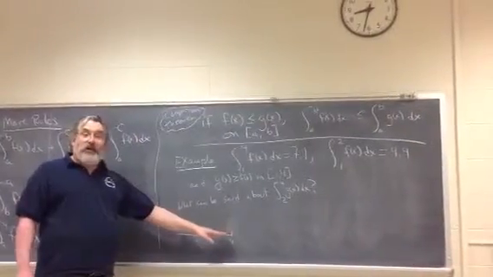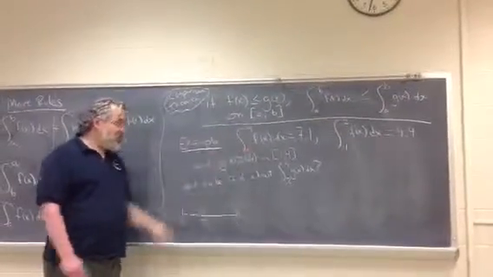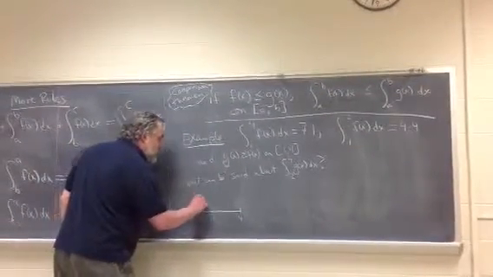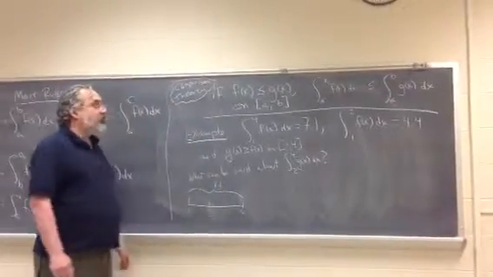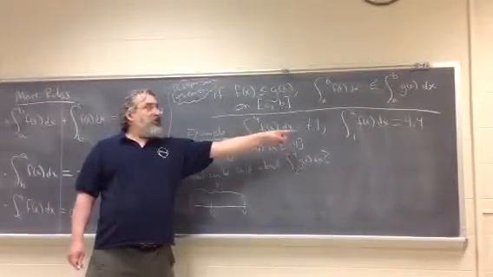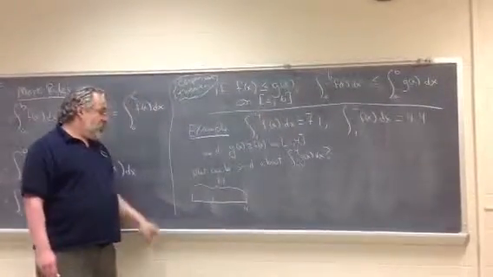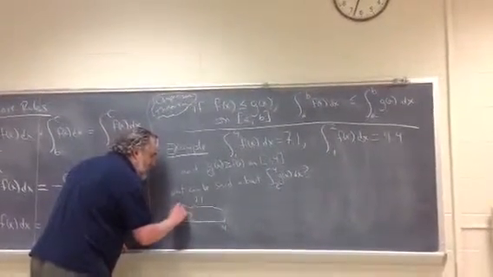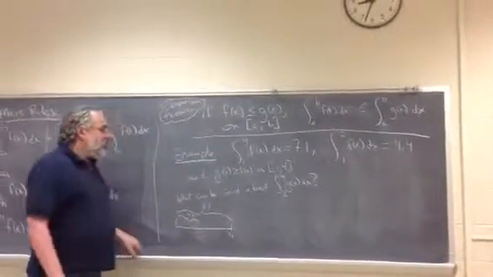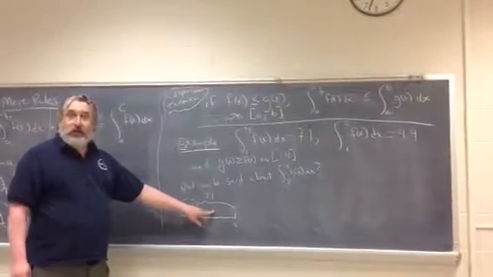I've drawn a number line here. We know the area from 1 to 4 of f of x dx is 7.1. So all of this for f is 7.1. We know the integral from 1 to 2 of f of x dx is 4.4. From 1 to 2, there's a 4.4 amount of area here. So what does that tell us about the integral of f of x from 2 to 4?